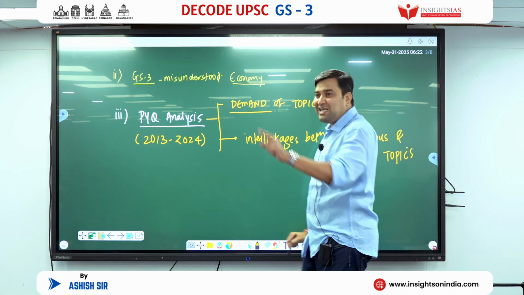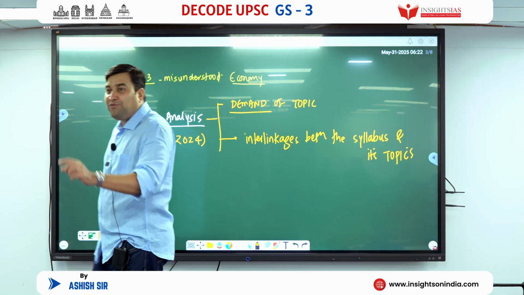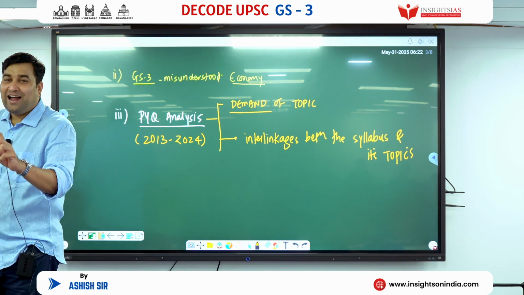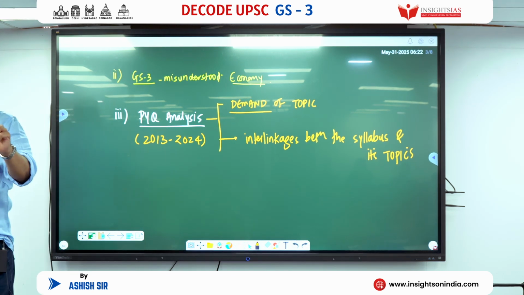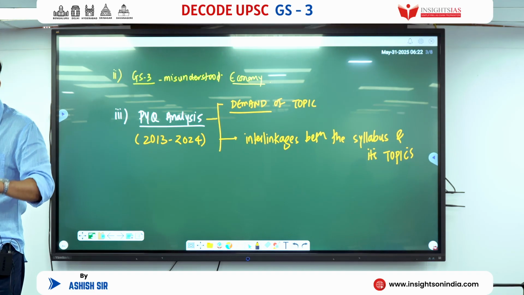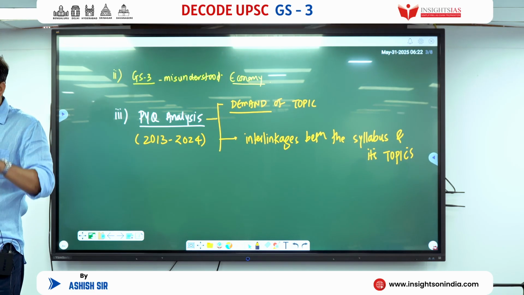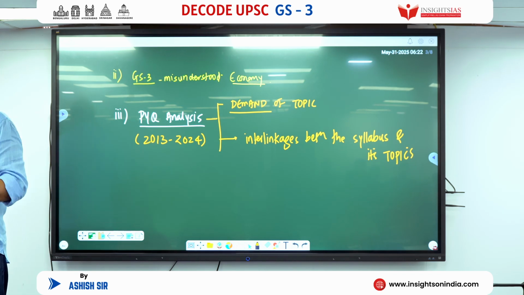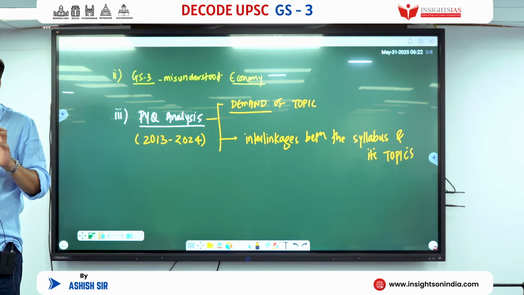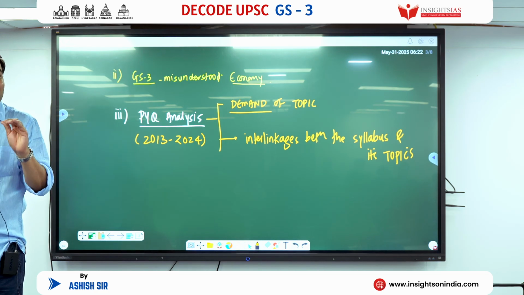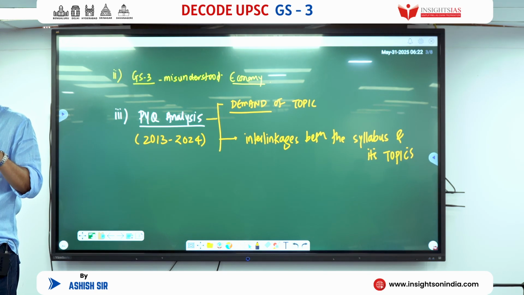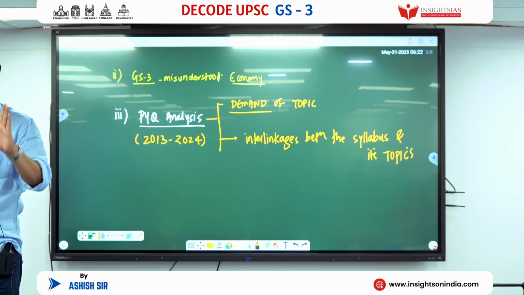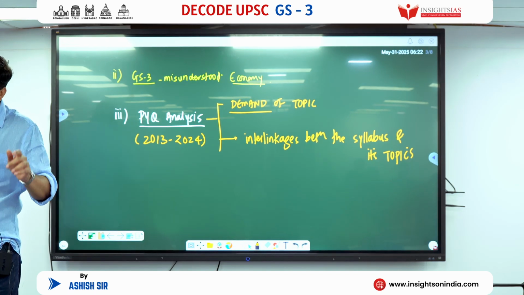For example, role of external state actor and non-state actor in creating challenges to internal security, किसका टॉपिक है? इंटरनल सिक्योरिटी. और एक टॉपिक है बॉर्डर सिक्योरिटी challenges and effective management. Now third is terrorism. Fourth is linkages of organized crime and terrorism. If you try to understand Jammu Kashmir insurgency, everything is present in the same point.